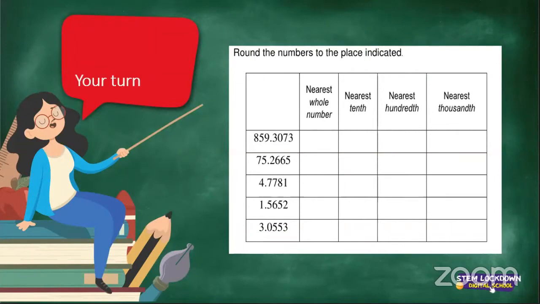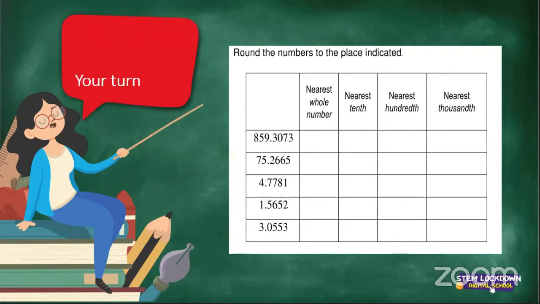So we are rounding off to the nearest whole number. We agreed that it is 859 because the first number after the decimal point is 3, which is less than 5. So automatically we're rounding it down. We remain with 859. All right.